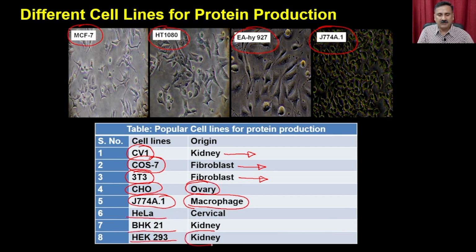HEK293 is a kidney cell line. So depending on the source of the enzyme, you can choose the different options. And sometimes the growth rate of these cells as well as the maintenance is another parameter you can take into consideration.